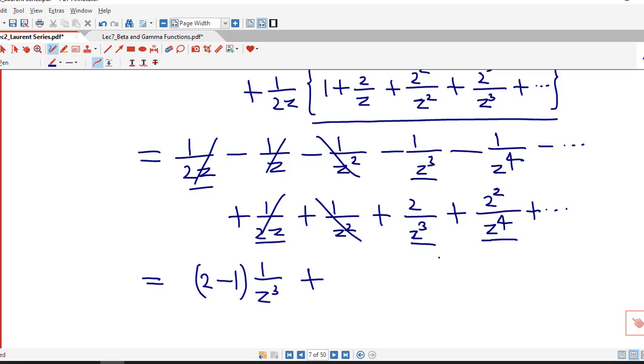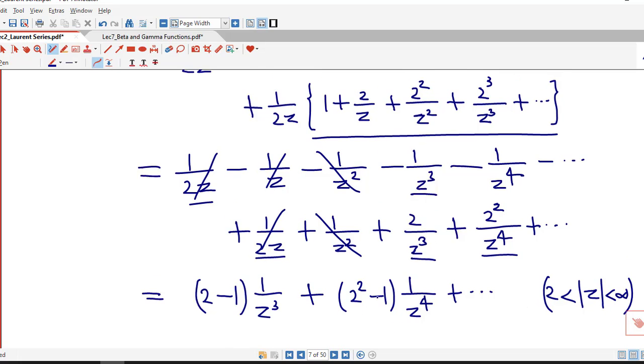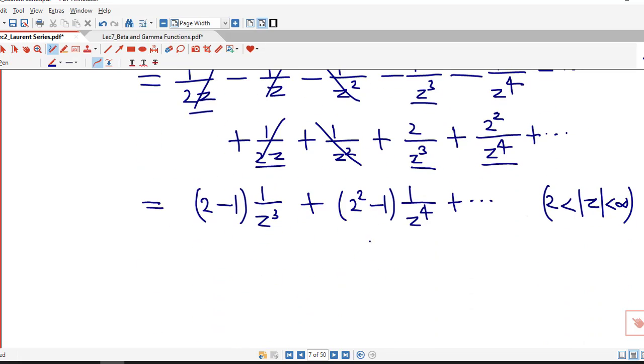Similarly here we have (2 square minus 1) into 1 over z raised to 4 and so on, and this is valid in the region 2 less than absolute value of z less than infinity. So if we would have written more terms here, then the next term was (2 raised to 3 minus 1) into 1 over z raised to 5.